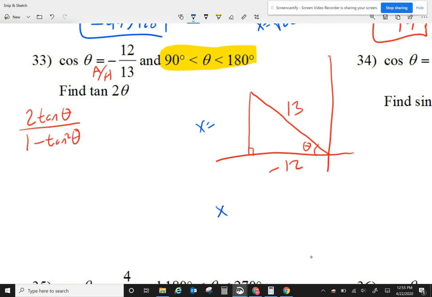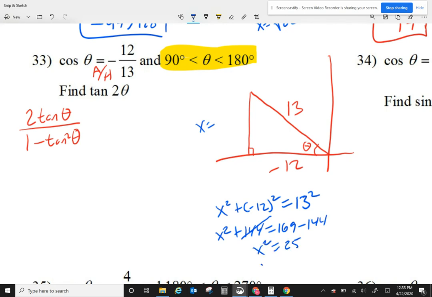So let me call this x squared plus negative 12 squared is equal to 13 squared. I have that x squared plus 144 equals 169. Let me subtract 144. x squared is 25. So x must be the square root of 25, which is better known as 5.